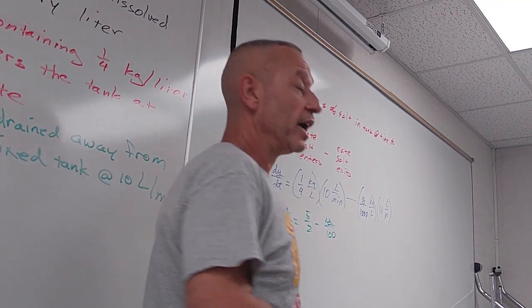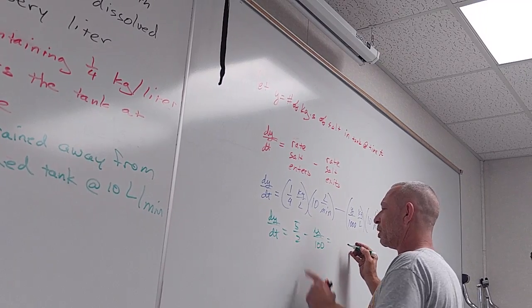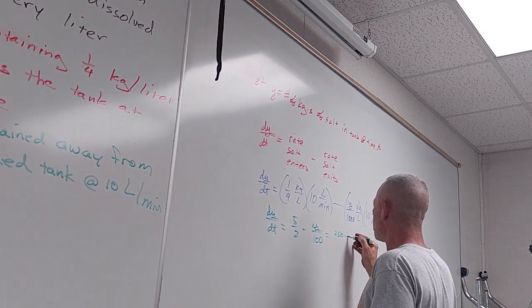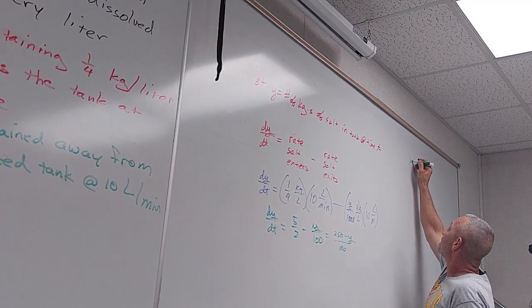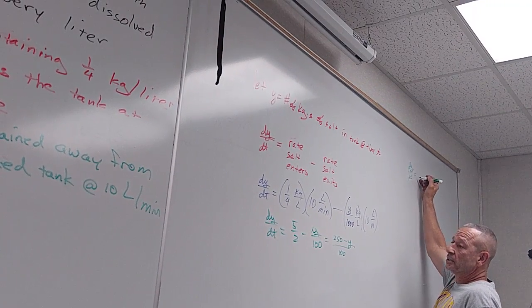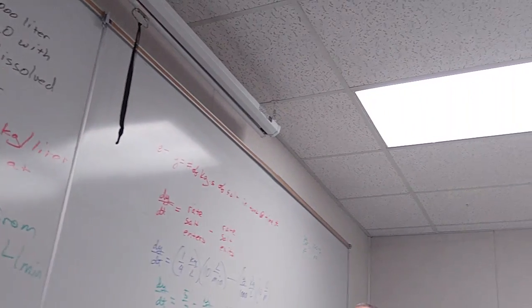And now we have to solve that. If I get a common denominator here, I'll multiply top and bottom by 50, so 250 minus y over 100. So I've got dy/dt equals (250 minus y) all over 100.